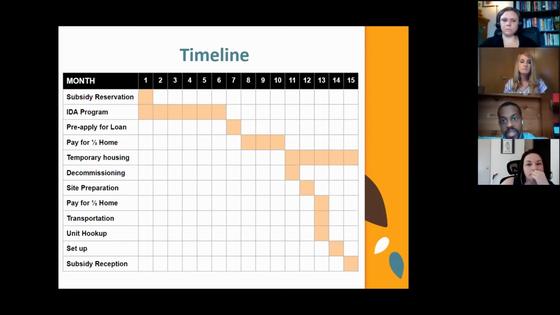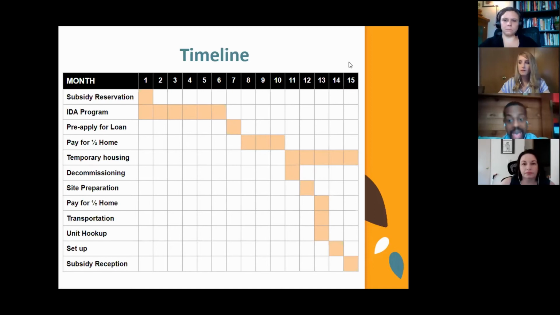Then you pay for the other half of the home when it's completed, and once you pay for that, they transport it to the new site, and the home is hooked up, so the utilities are connected, and it's set up, which means they put the two pieces together and do all of the finishing touches on the inside, like putting in the carpet and doing some drywall as well.